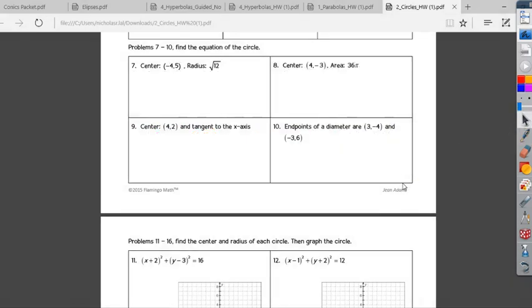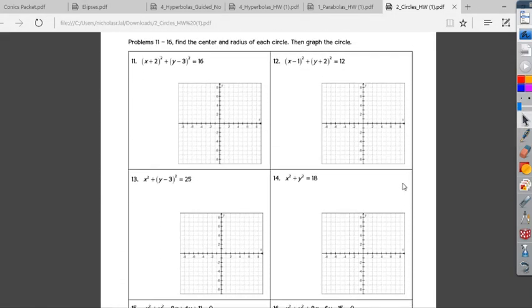Clear those annotations. Problems 11 through 16: find the center and the radius of each circle, then graph the circle. (x plus 2) squared plus (y minus 3) squared is equal to 16.